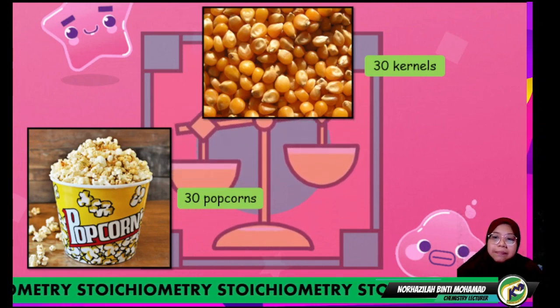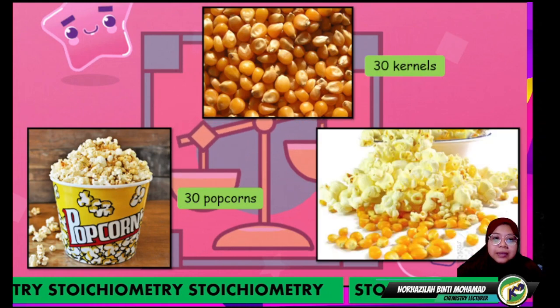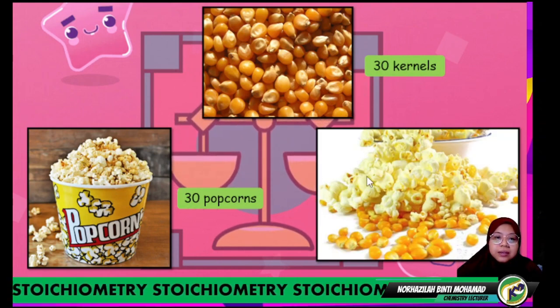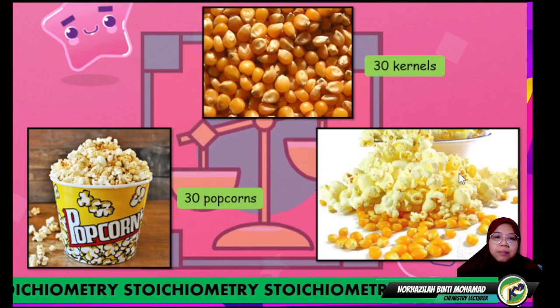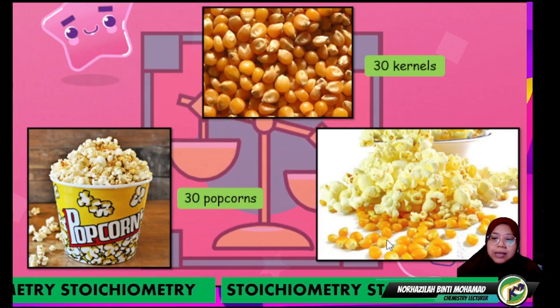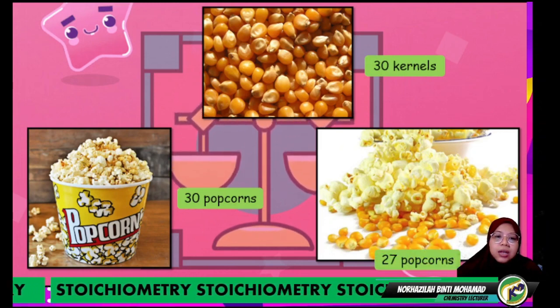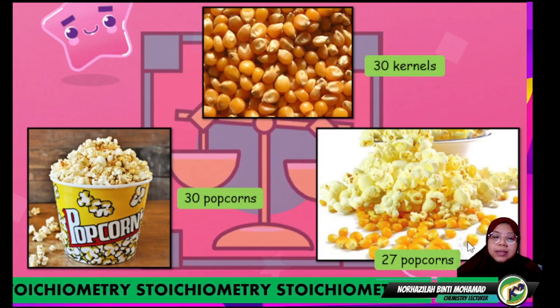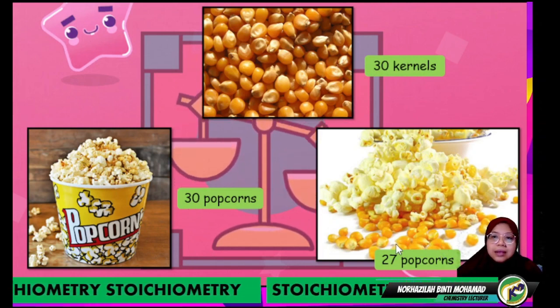But that does not happen in reality. Some of the kernels will transform into popcorn and others will remain as kernels. So let's say in this example, only 27 kernels transform to popcorn. The other 3 will remain as kernels.